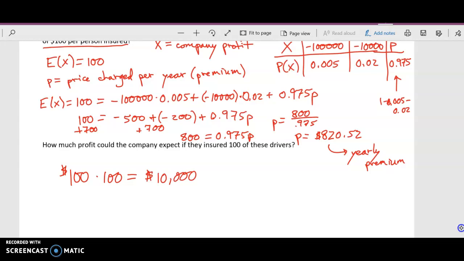So if insurance companies are only making $100 a year off of people, they can't survive on that, right? Then they better try and figure out how to get the number of drivers they're insuring up. Otherwise, they're not making enough money, right?